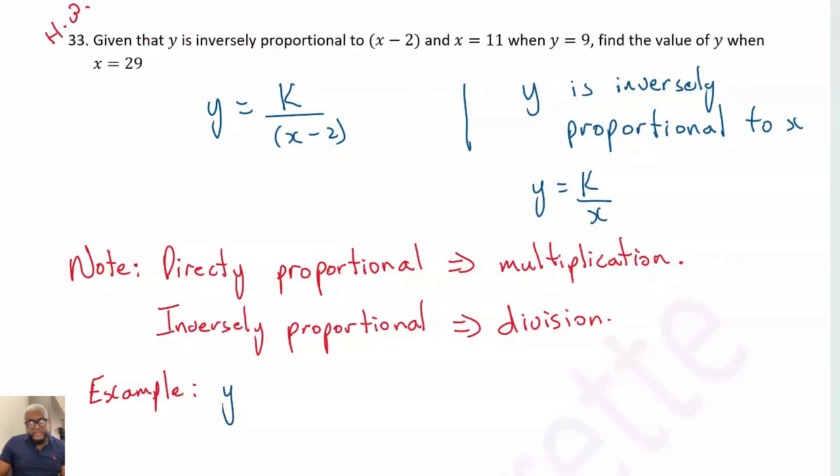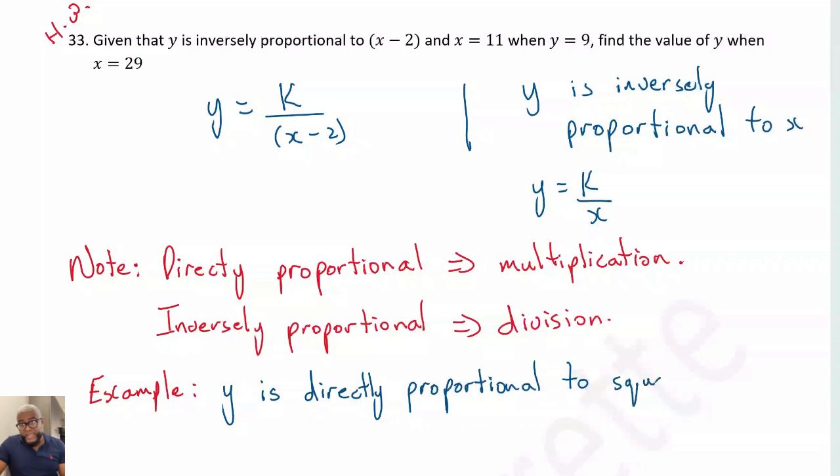If I say y is directly proportional to the square of x, written as y is directly proportional to the square of x, x to the second power, right?